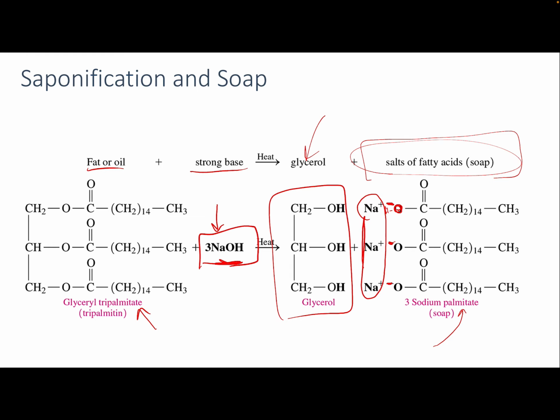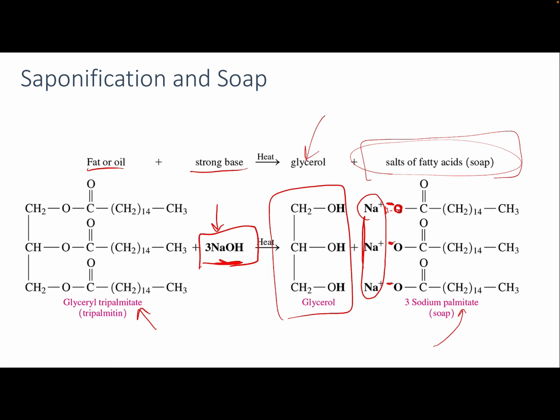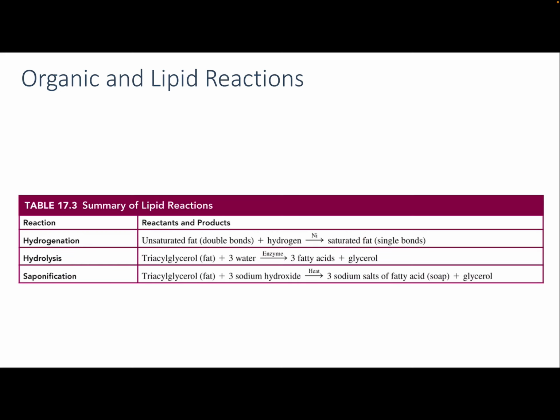Saponification, making soap. So we looked at both. The acid hydrolysis or enzyme hydrolysis gives you back your acid and your alcohol. And then the saponification gives you back the salt of your fatty acid and our alcohol. So this summarizes those reactions right here.